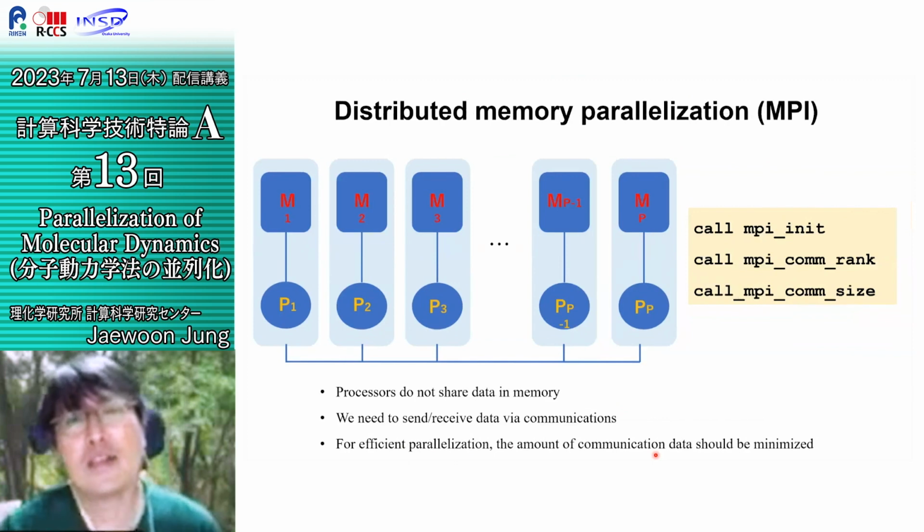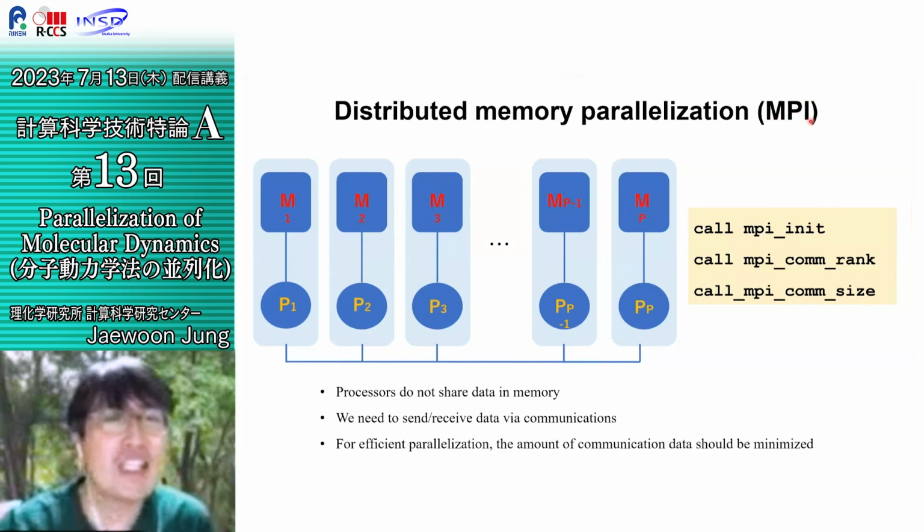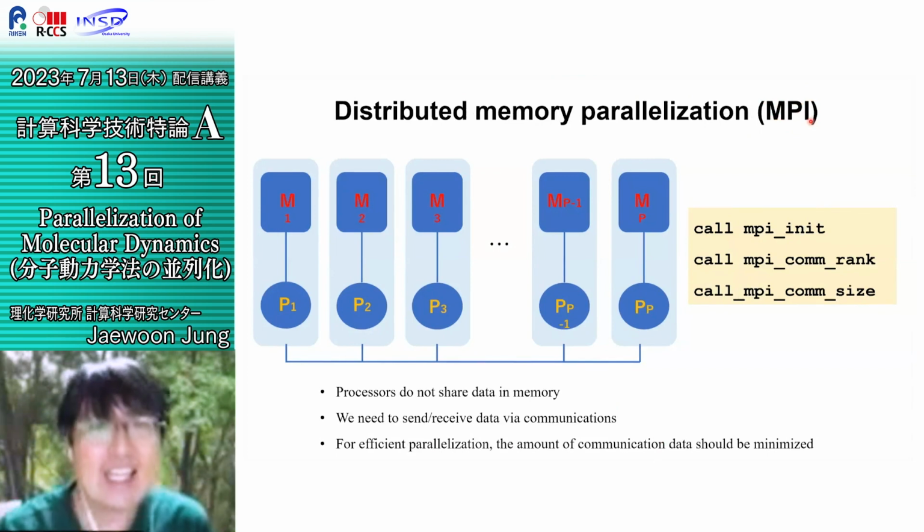The other parallelization scheme is distributed memory parallelization. One of the representatives is MPI. I think you know the abbreviation, message passing interface. In this case, processors communicate by sending and receiving messages.